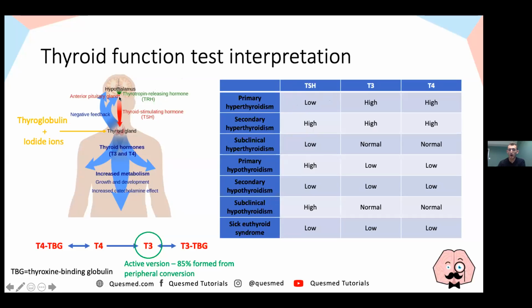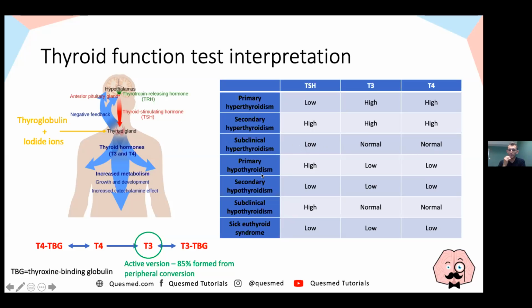So then you get high TSH, usually due to a TSH secreting tumour, lots and lots of TSH being secreted, so then you get high T3 and T4. And then there's also something called subclinical hyperthyroidism, which is where you have a low TSH, but a normal T3 and a normal T4, and you don't have any symptoms.